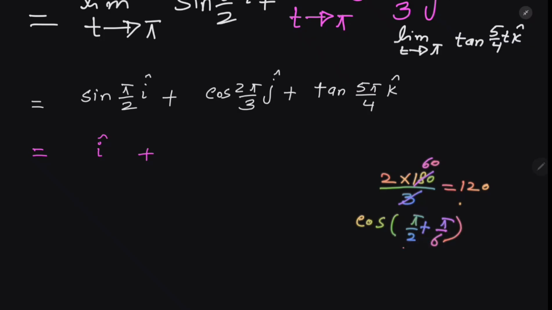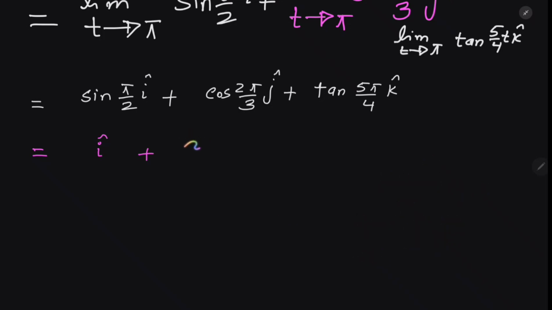When we add pi by 2, it is in the second quadrant, and we change cos into sine, and cos was negative there in the second quadrant, so it is minus sine pi by 6 j plus.